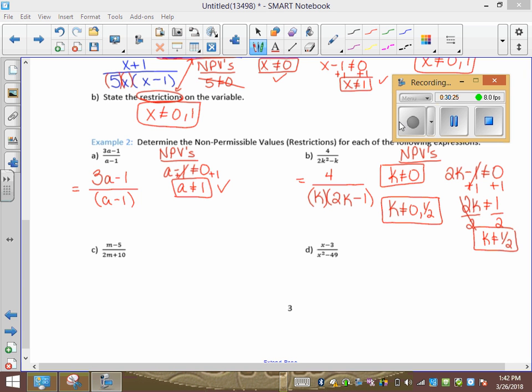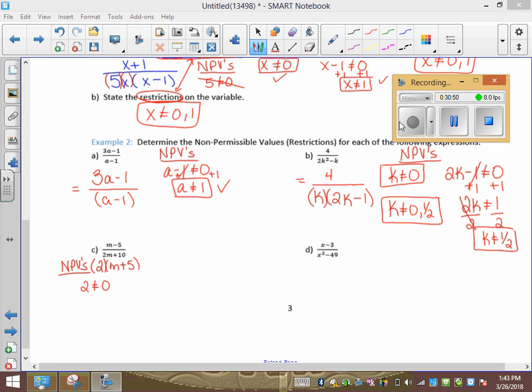C, what could I take out of the denominator? A 2. And the 2 is in its own brackets, right? So I'd have 2 can't equal 0, which is true. But does it give me an NPV? Some people say this. Now, please pay attention because I don't want this to be you, and I get it all the time. 2 can't equal 0.